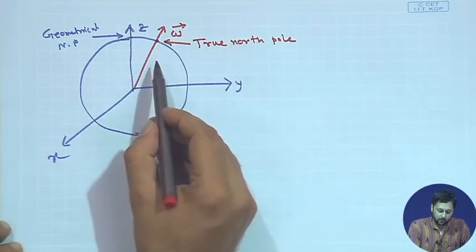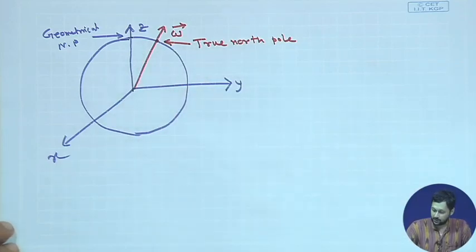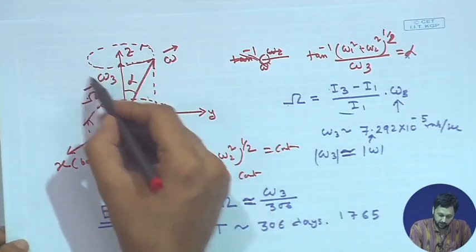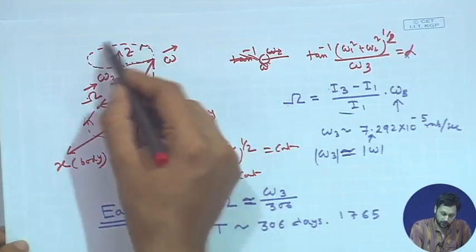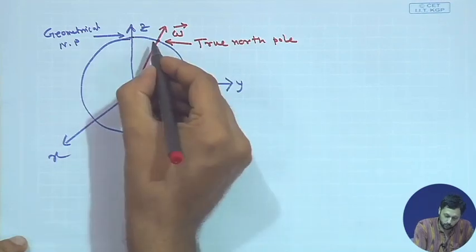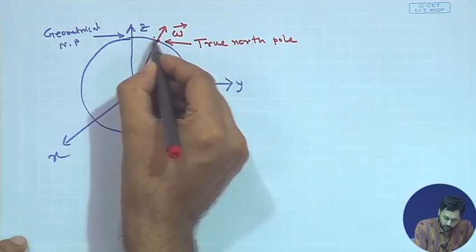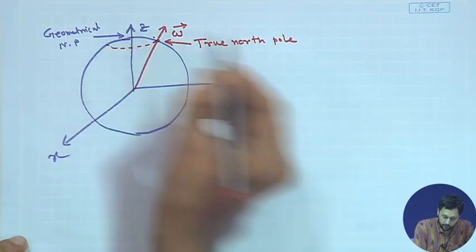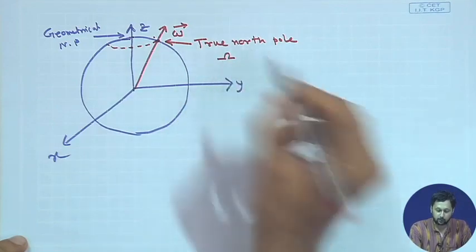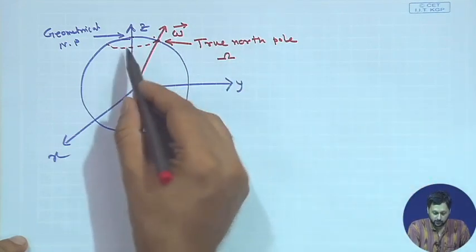So, according to the results we have just obtained, if capital omega, the angular velocity, is making a precession motion around the geometrical z axis, that means the true north pole is actually rotating around the geometrical north pole with a time period of capital omega. Okay. So, this is the meaning of it.